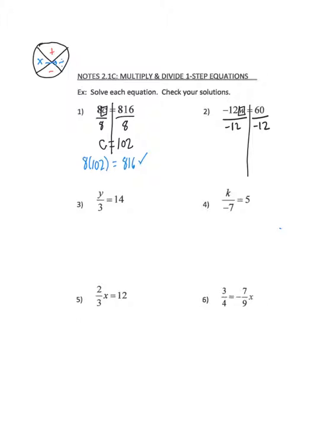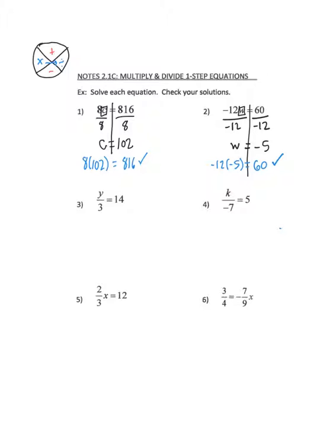Negative 12 divided by negative 12 is 1, so I'm left with 1w on this side, and 60 divided by negative 12 is negative 5. Let's plug it back in and check. Negative 12 times negative 5, type that in, and I get 60. And that is correct.